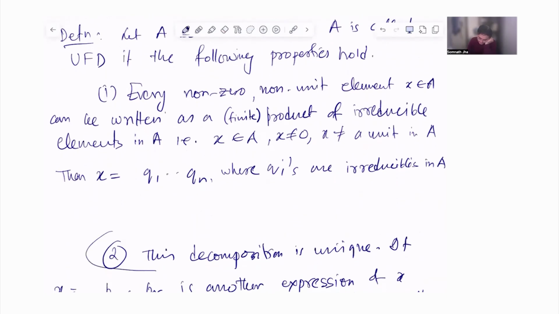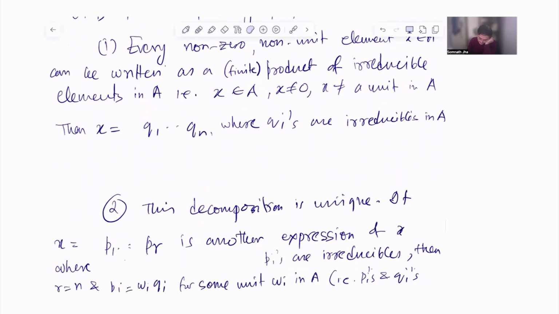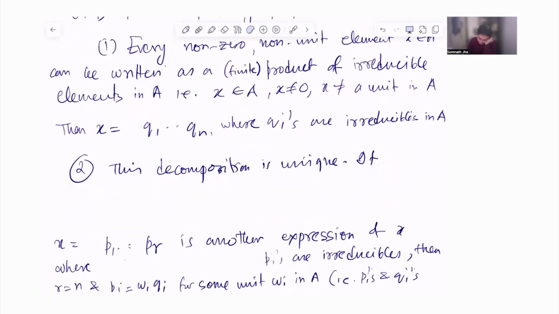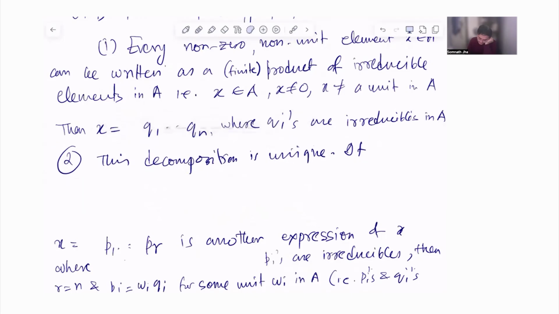The second is equally important: this decomposition is unique.